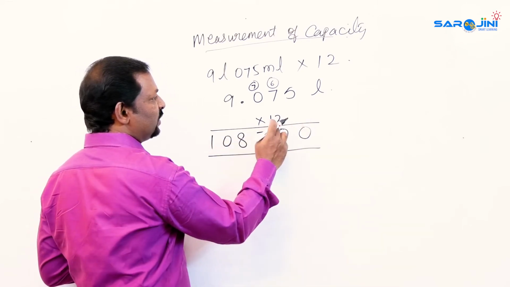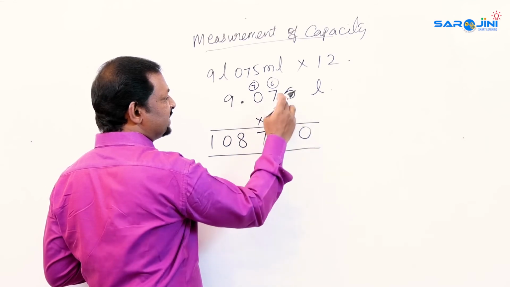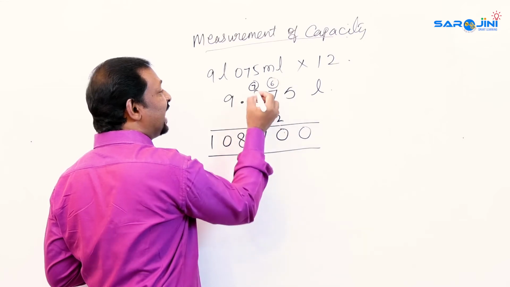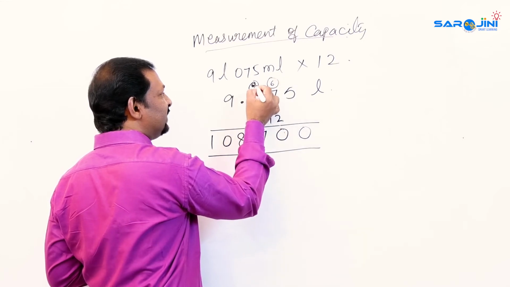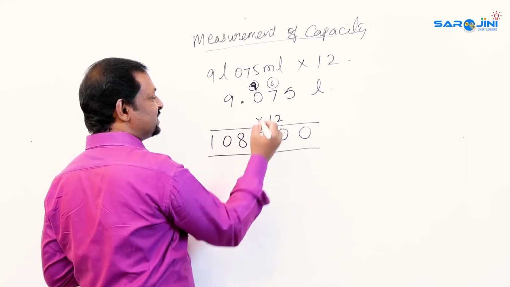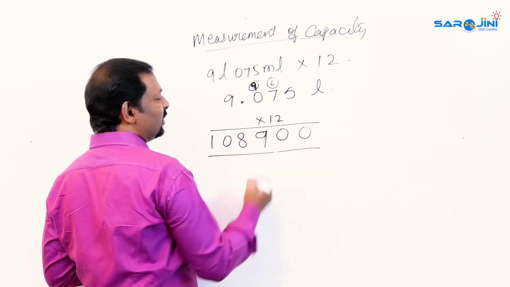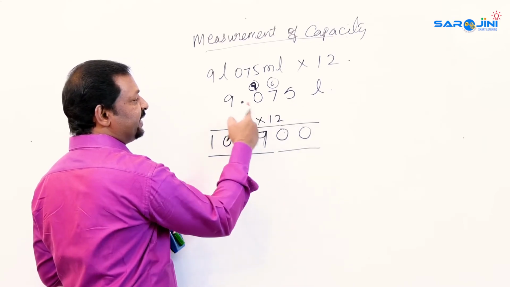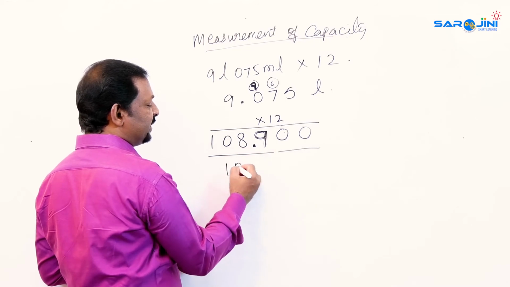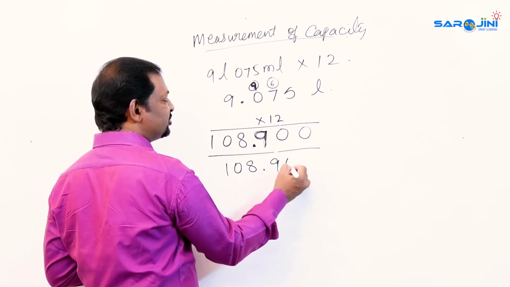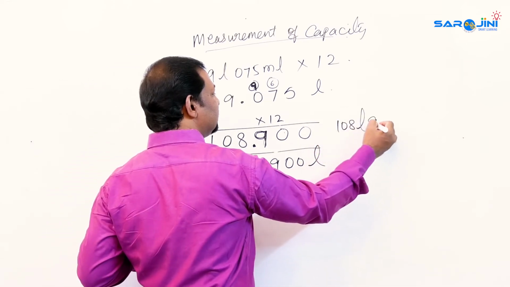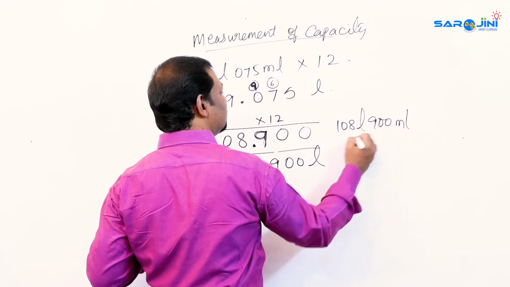Okay, I'll check. 12 5s are 60. 12 7s are 84. 84 plus 6 is 90. I wrote 70. This is 90. 12 zeros are 0 plus 9, that is 9. And before 3 digits, we have to put a decimal. That means 108.900 liters or 108 liters 900 milliliters also we can write.